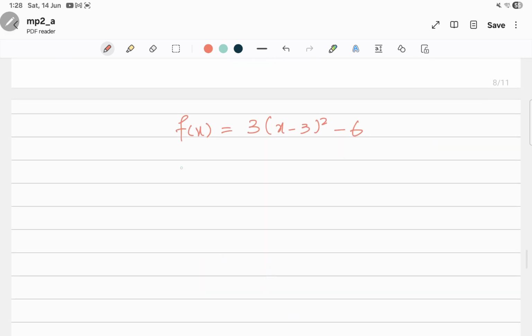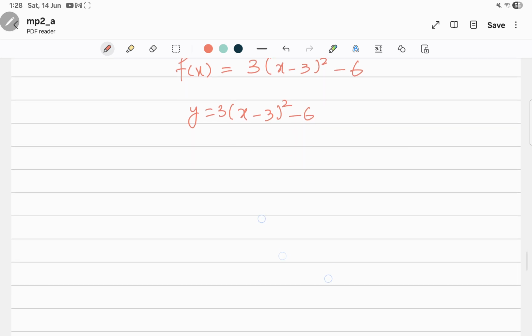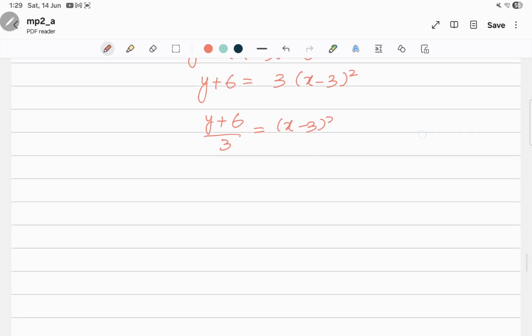If we replace f of x with y, so y equals 3 times (x minus 3) whole squared minus 6, and we have to make x the subject from here. If you take minus 6 to the left, it will be y plus 6 equals 3 times (x minus 3) whole squared. Divided by 3 on both sides, y plus 6 over 3 equals (x minus 3) whole squared.